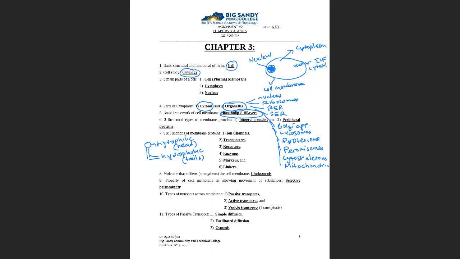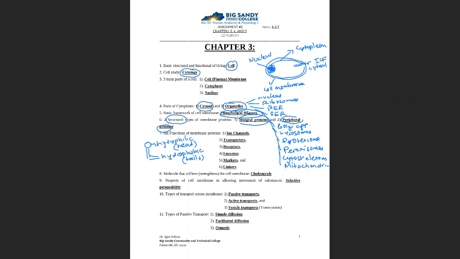In the cell membrane, there are also proteins. There are two types of proteins based on structure. The first one is integral protein, and the second one is peripheral protein. So if the cell membrane is like this, it has two layers, a bilayer of phospholipid.